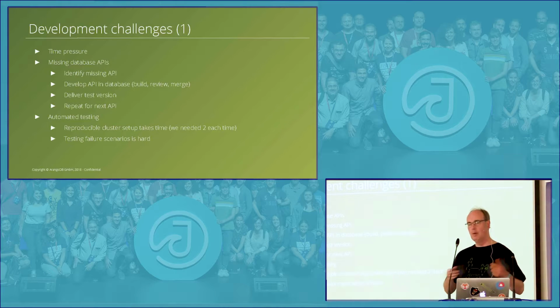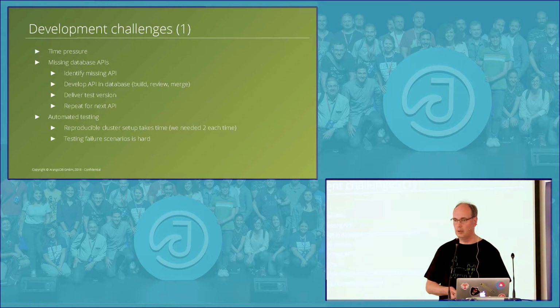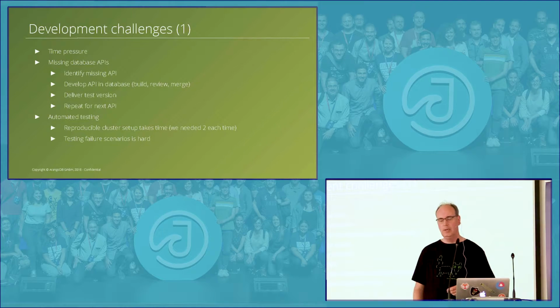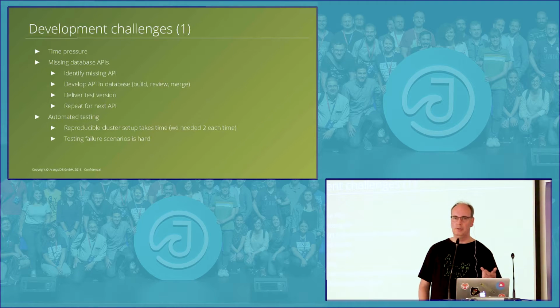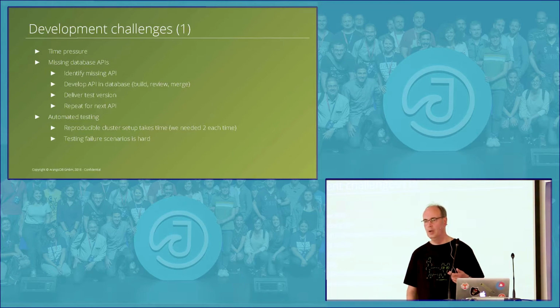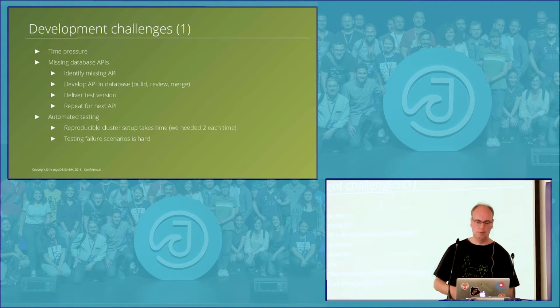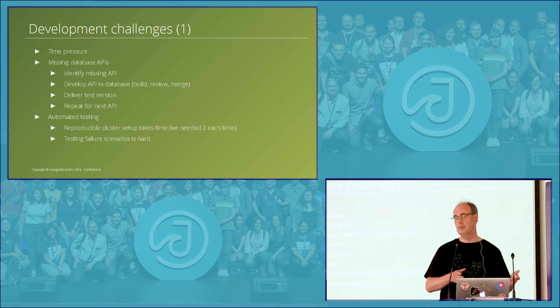And then remember that I said we hoped that we didn't have to do any changes to our database cluster, but unfortunately we found out that some APIs that we needed were actually not there yet. It was not that difficult to add, but as you can imagine, in something as complex as a cluster database, adding a feature like that is a cycle, and that just takes a long time. It has to be developed, tested, reviewed, etc., only to find out that you're missing something else again.